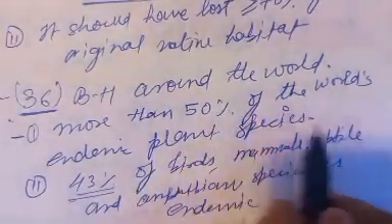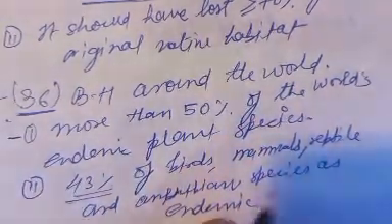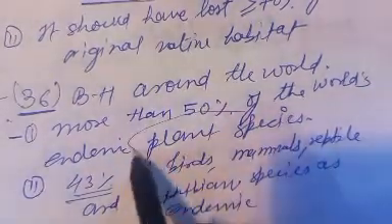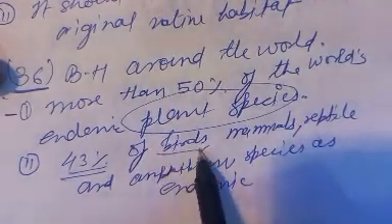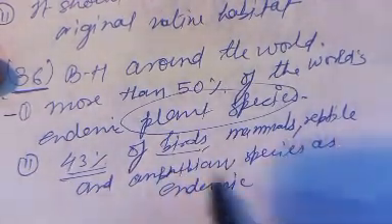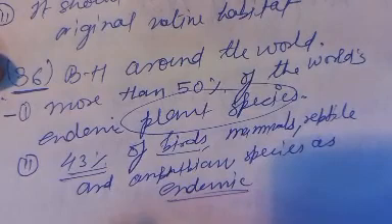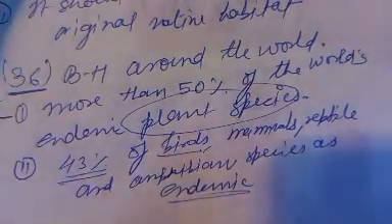First, more than 50% of the world's endemic plant species. This is regarding plants. And the next one is birds: 43% of the birds, mammals, reptiles, and amphibian species are endemic in these 36 biodiversity hotspots.